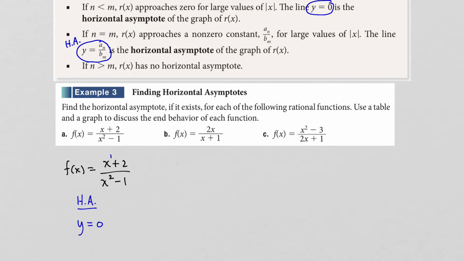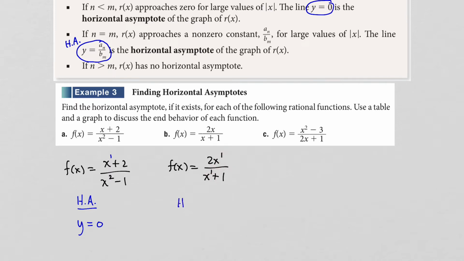In the second function, we have f of x is equal to 2x, which is 2x to the 1, divided by x plus 1, which is x to the 1 plus 1. So here you should see that the degree of the numerator and the degree of the denominator are equal.